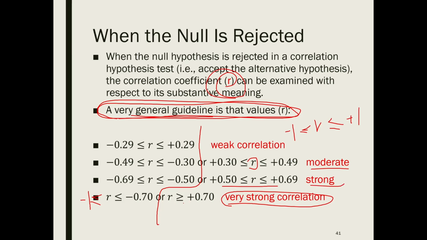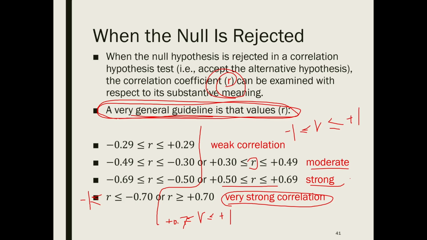If R is larger than 0.70 on the positive side, it is a very strong correlation, but still it has to be less than 1. What if you get an R like 2 or 1.5? That means there is a mistake in the calculation, and you have to calculate again.